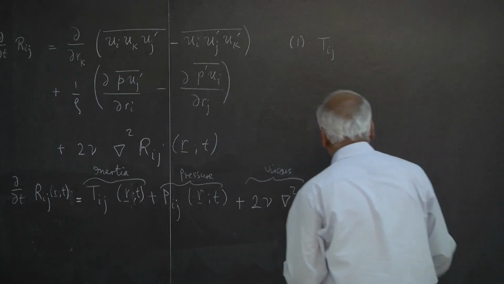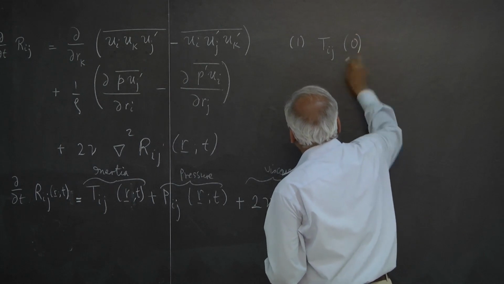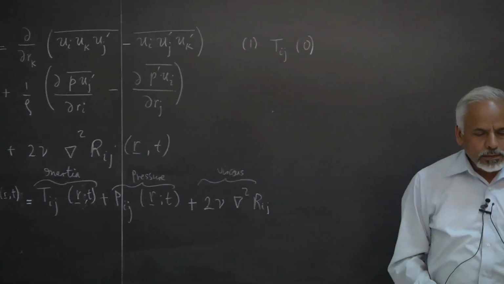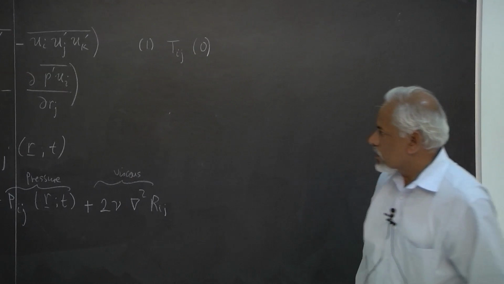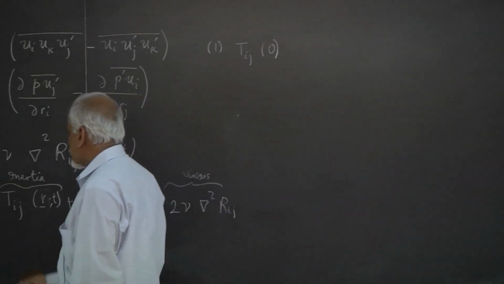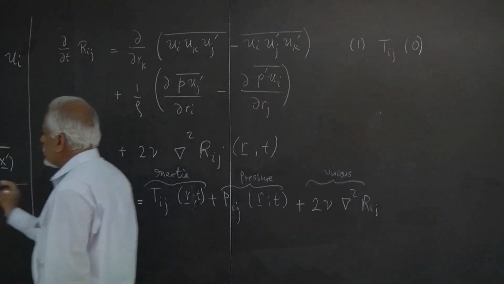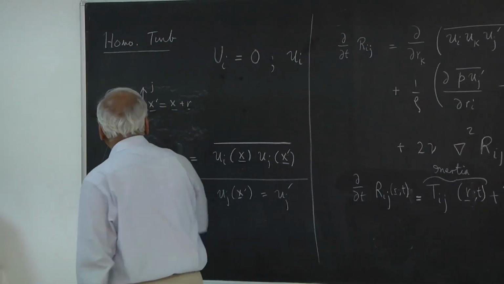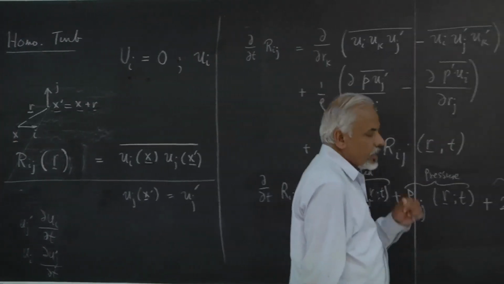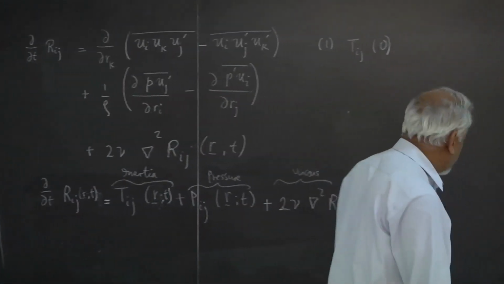Now T_ij of 0, that is the nonlinear effects relating to R_ij when you have shrunk this vector. So what do you have?